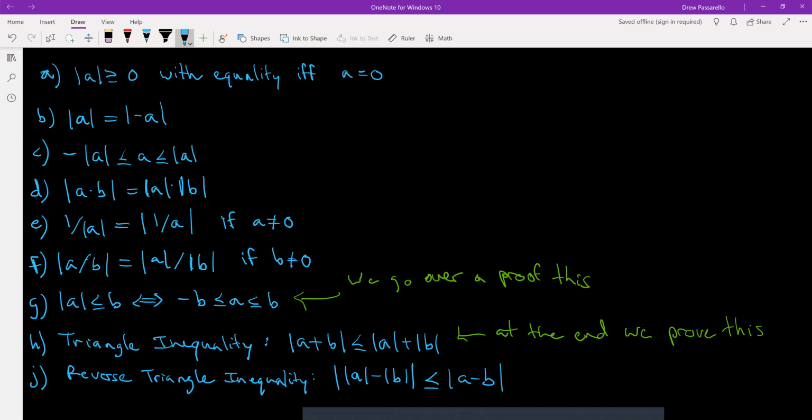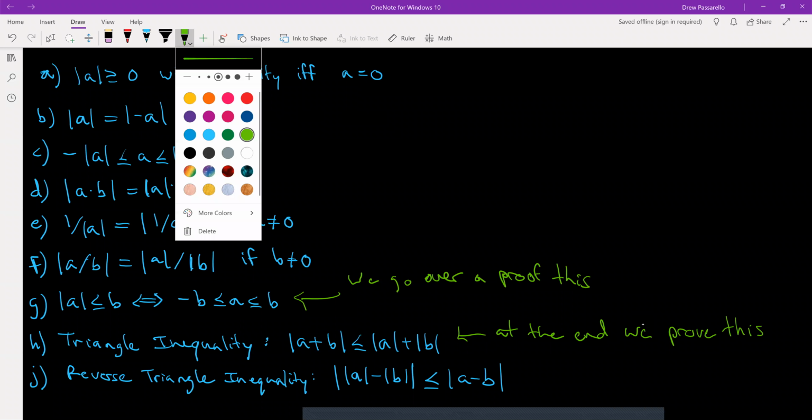Part A: the absolute value of A is greater than or equal to 0, with equality if and only if A is equal to 0. And that IFF, that's how I'm going to abbreviate if and only if.